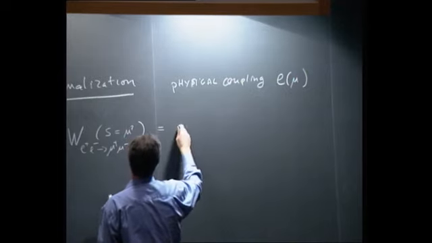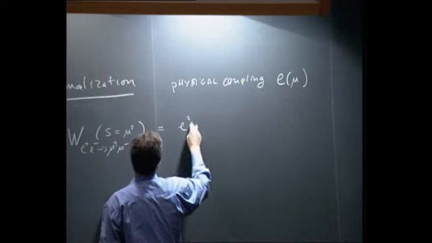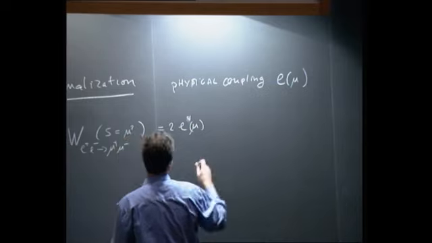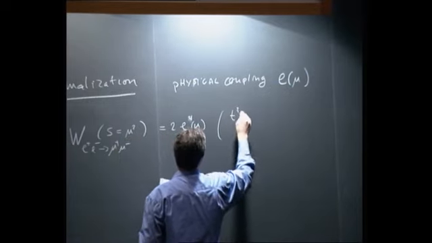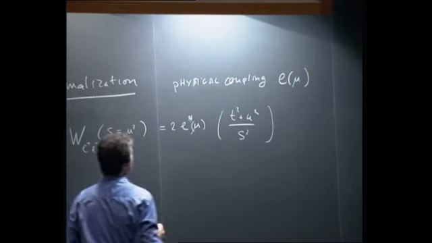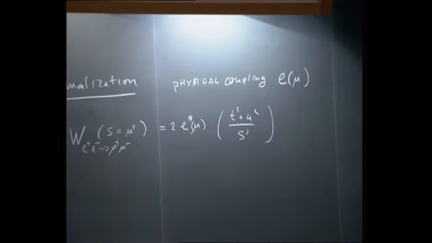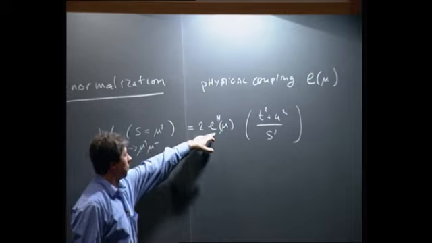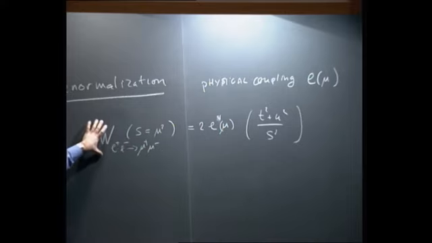In such a way that this expression is going to be 2e mu to the fourth times these variables I wrote down before. And this is going to be a measurement. So at a certain energy scale, I'm going to measure what E of mu is by taking this identity to be true.